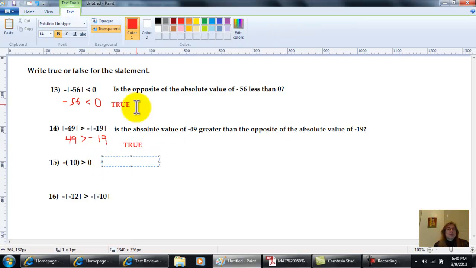Okay, let's look at the next one. Break it apart. We have the opposite of 10 is greater than 0. So is the opposite of 10 greater than 0? Let's type it out. Is the opposite of 10 greater than 0?